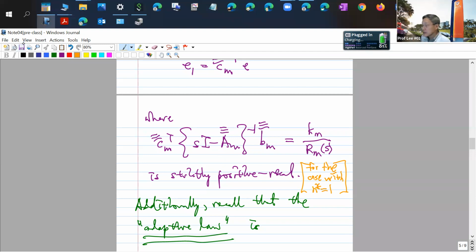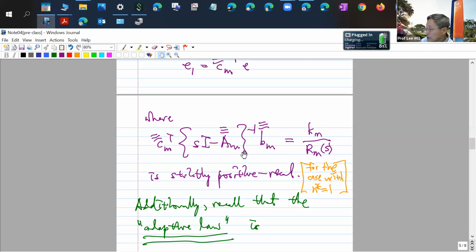You can check that, because the relative degree is n star, and Rm will be of degree n star. So this will basically just be a first order stable polynomial, Km over that, and this will be strictly positive real for a stable system, but only if you're talking about relative degree equals 1.